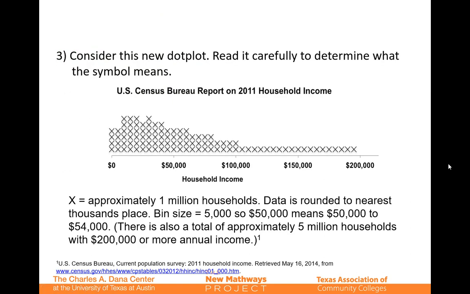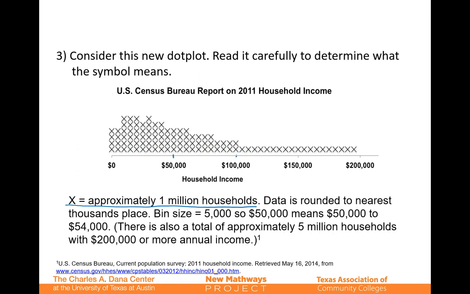So consider this dot plot. Read it carefully to determine what the symbol means. All right, each X is approximately 1 million households. The horizontal axis gives us the household income. Okay, right here is $50,000.